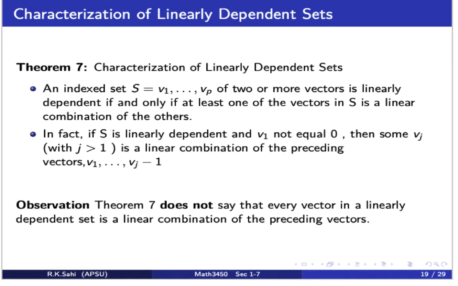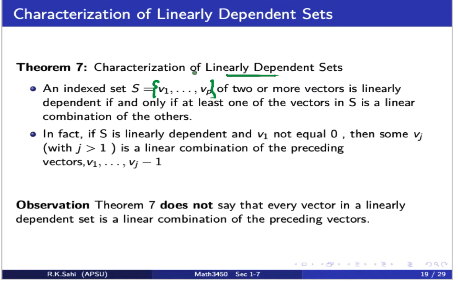So what is the characterization of linearly dependent sets? It says an indexed set S equals v1 to vp of two or more vectors is linearly dependent if and only if at least one of the vectors is a linear combination of the others.